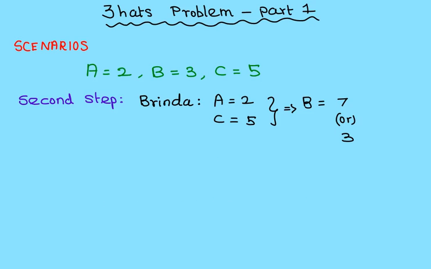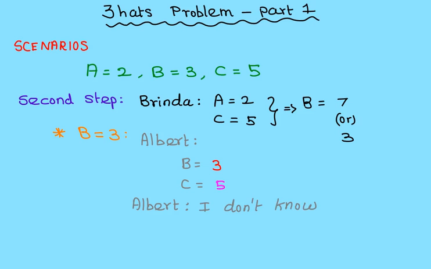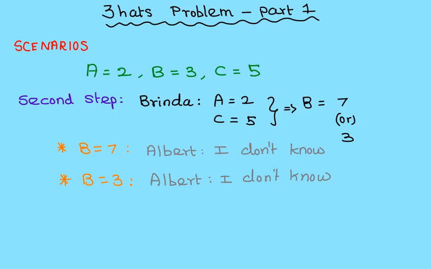So the next case, what if her number is 3? Then Albert would have seen b equal to 3 and c equal to 5. As they were different, Albert would have said, I don't know. So in any case, Albert would have said, I don't know. So Brinda cannot deduce her number, so she says, I don't know.